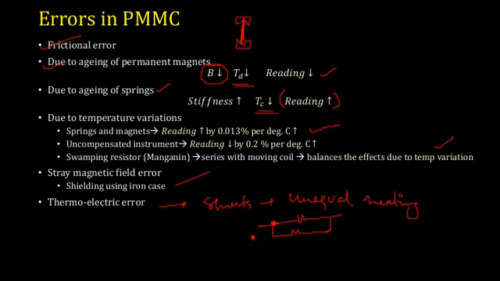So such choices can be made in order to reduce the thermoelectric error. These basically occur at the shunts and multipliers which are used to extend the range. So this is a general discussion regarding the errors in MI as well as PMMC instruments. Thank you.